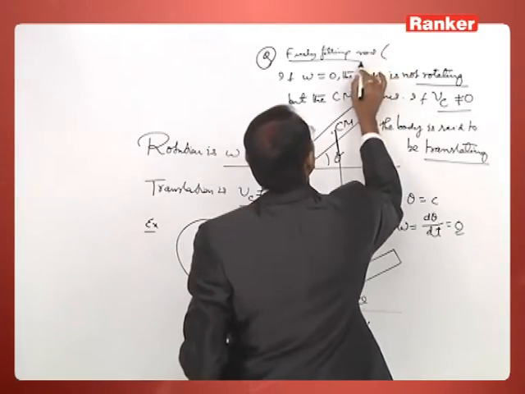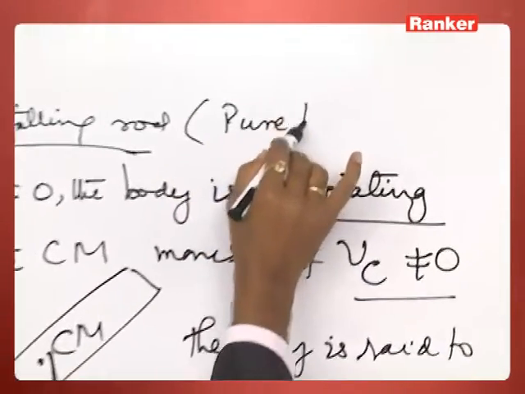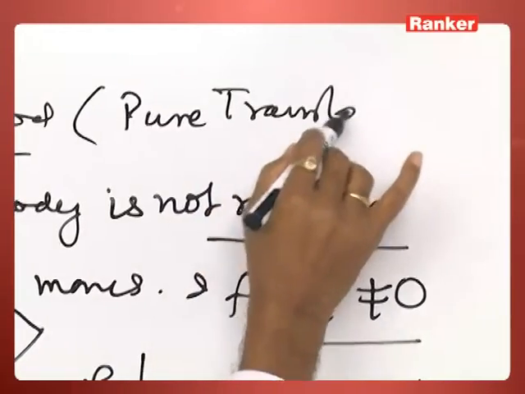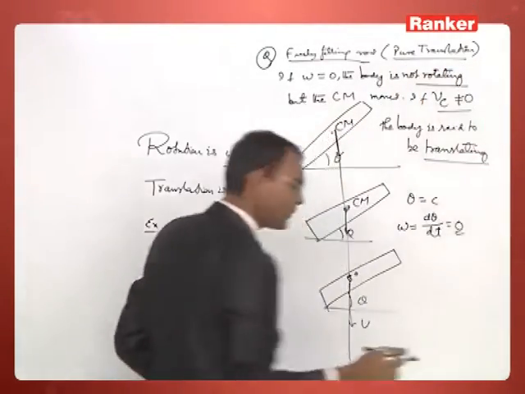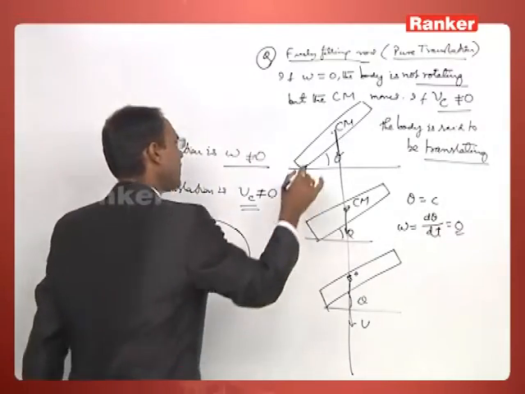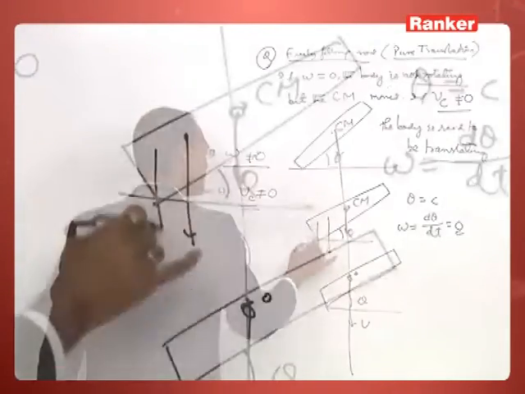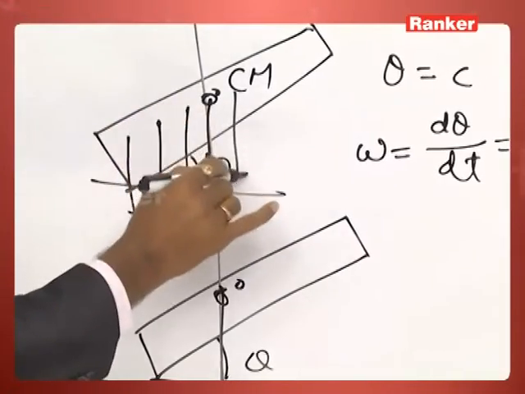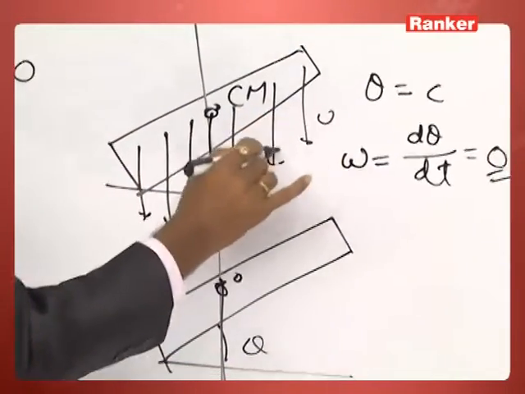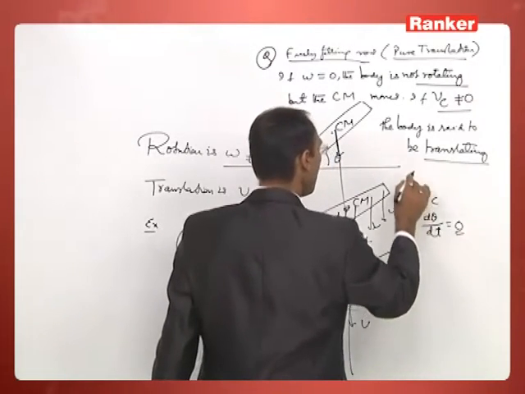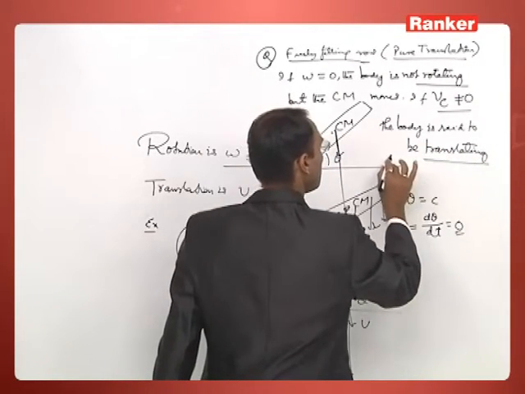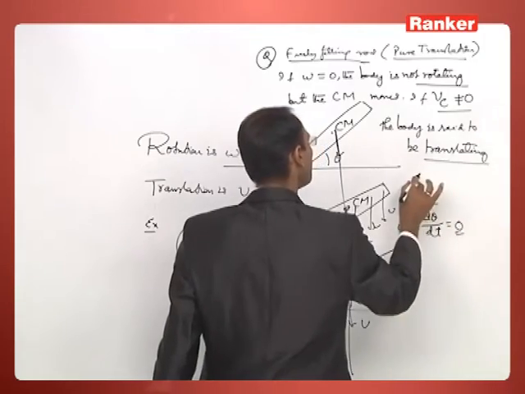That is pure translation. In pure translation, each point has the same velocity as the rod, as the rigid body. Each point moves with the same linear velocity, omega 0. Then the body is said to be translating perfectly.